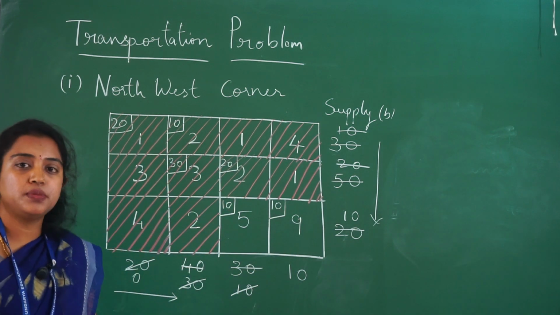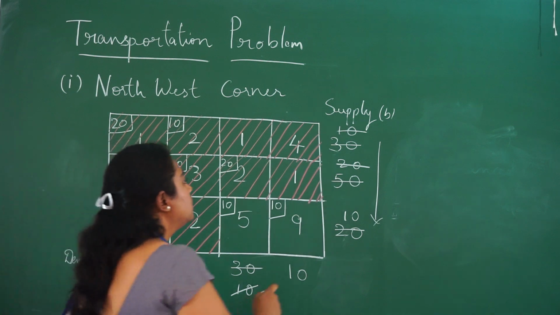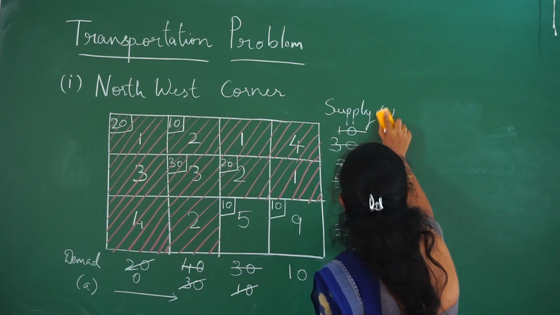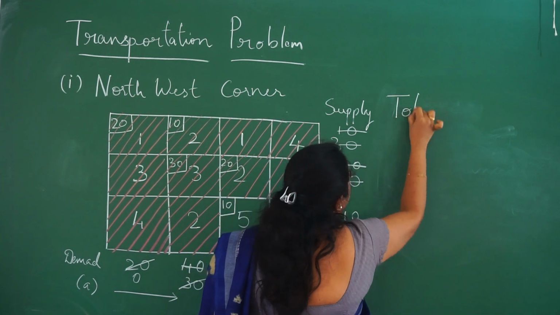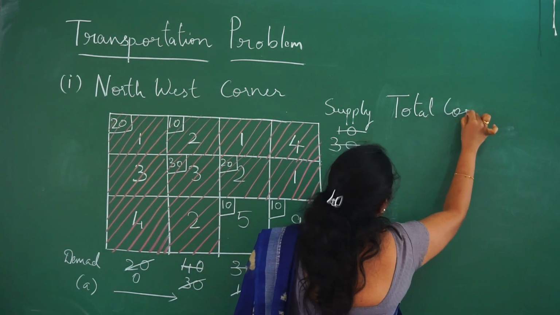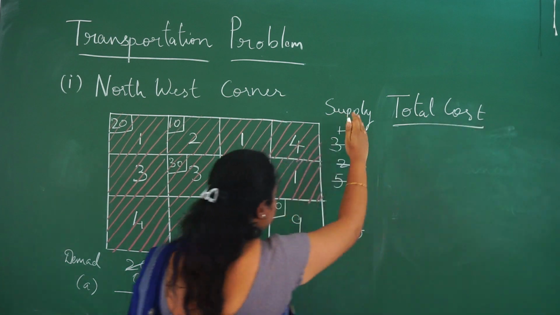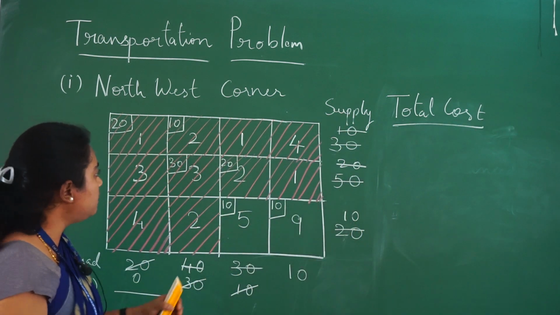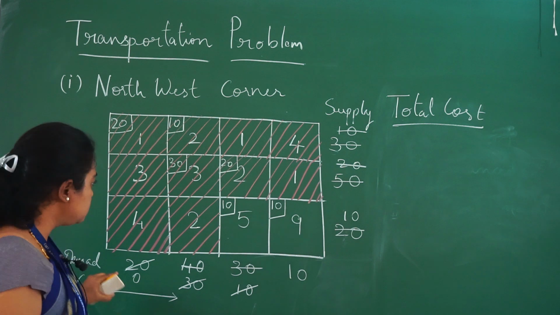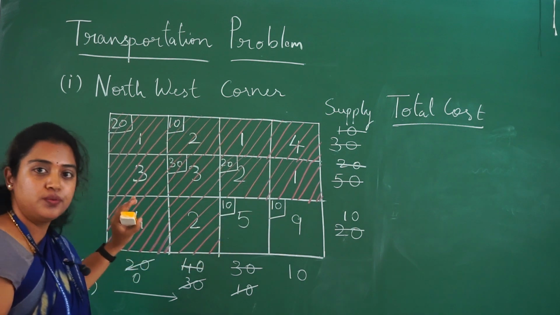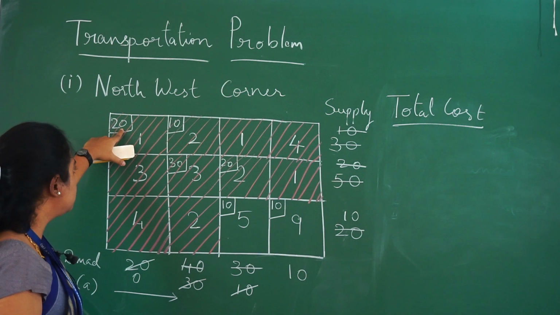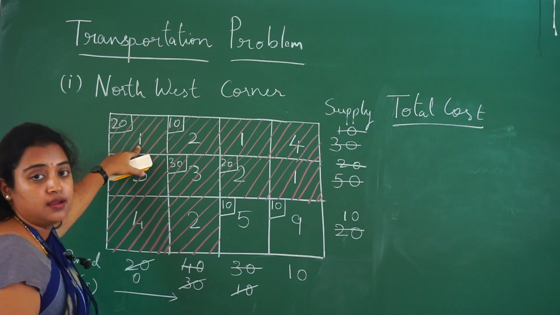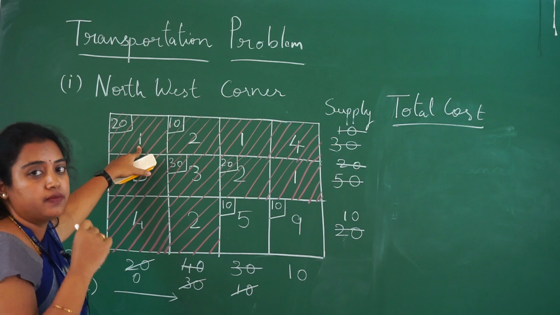Now the final step is to calculate the total cost. So let me calculate the total cost to supply the products from one place to another. So this is all the cost you have to calculate. The first is 20. This is the allocation you have made, 20, and the cost required to move from one place to another place.